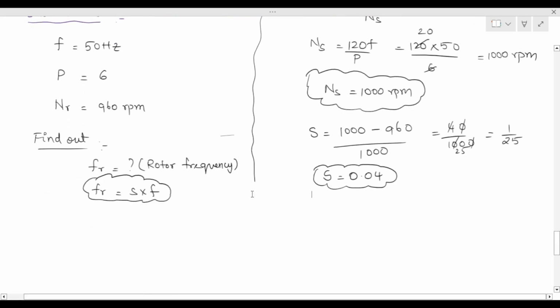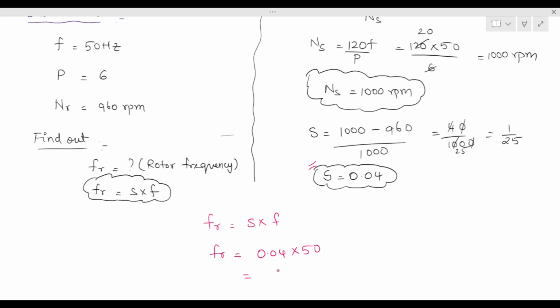Now our main concept is to find the rotor frequency. Fr is equal to S into F. S is equal to 0.04 and the fundamental frequency F is equal to 50 Hz. So Fr is equal to 0.04 into 50.